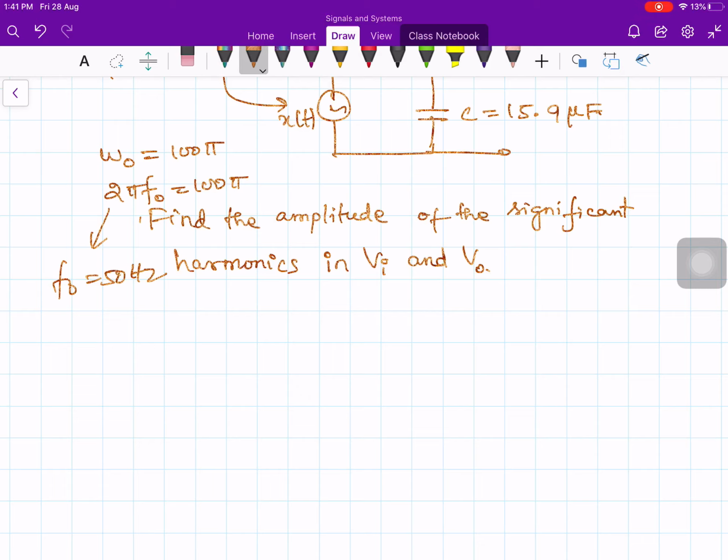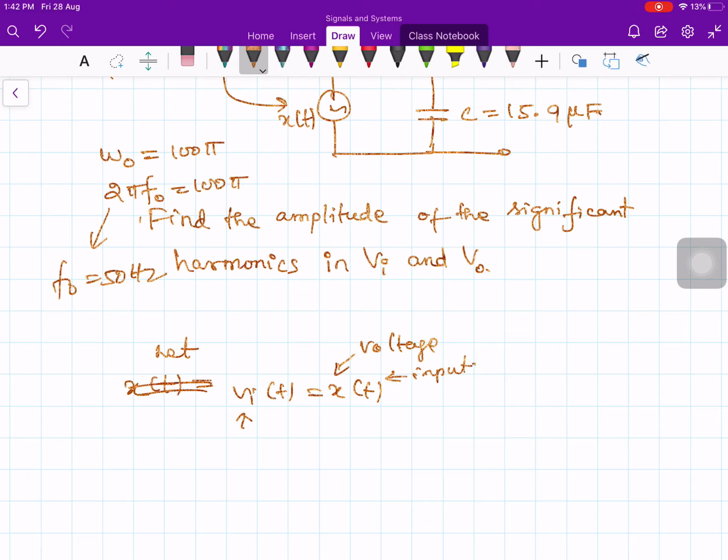Okay, so the expansion is x of t. Let Vi of t be equal to x of t. Just to indicate voltage, this x of t is voltage and it is input. That's why I put Vi of t.